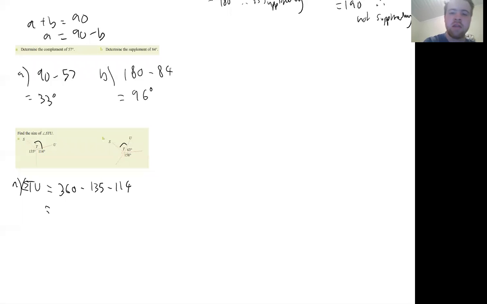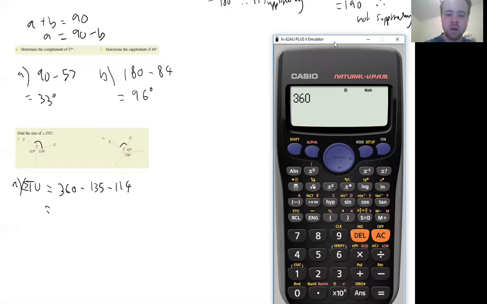So if I just want to find that one angle, I can subtract the others from 360. You can use your calculator for this: 360 minus 135 minus 114 equals 111. So this angle here is 111.